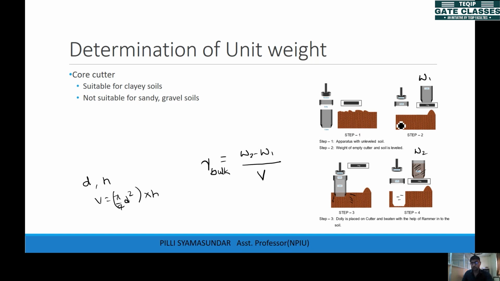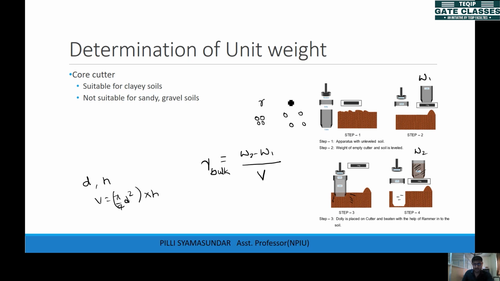So we want to check the soil condition, whether the soil particles are closely spaced or at a larger spacing. If they are closely spaced, then your gamma will be more.